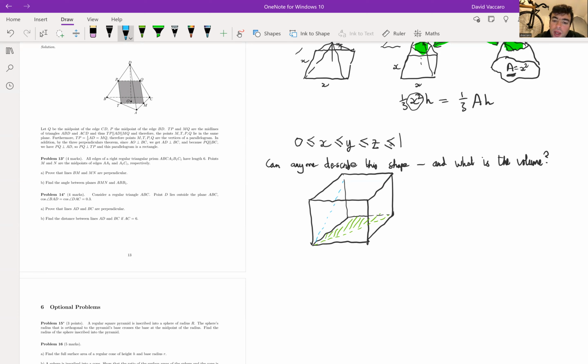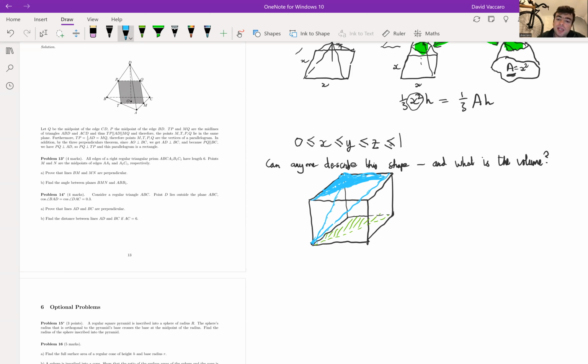Okay, so what we end up with is a sort of right tetrahedron whose base is this, and then it goes down as a pyramid to a point which is 0, 0.